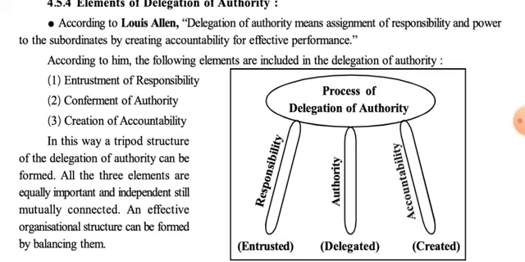Delegation of authority means, first, assignment of responsibility and power to the subordinates. Second, creating accountability for the effective performance, and along with responsibility we are delegating authority.